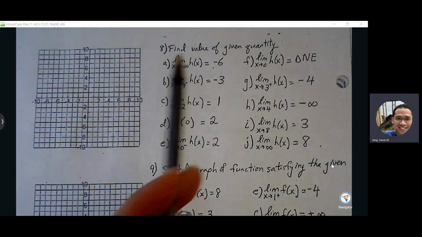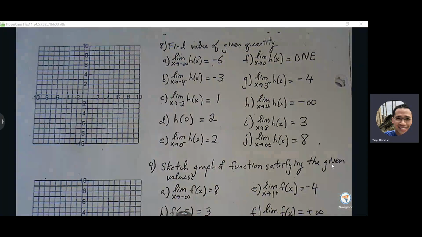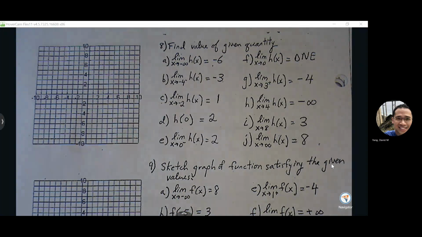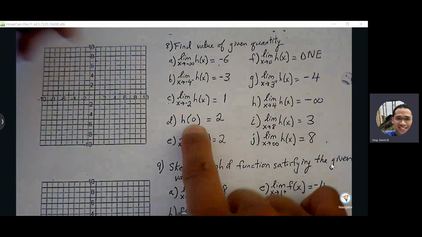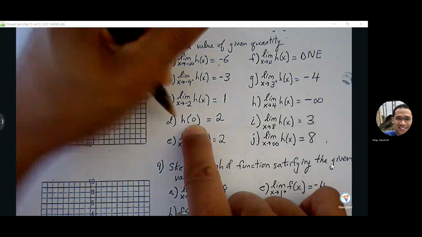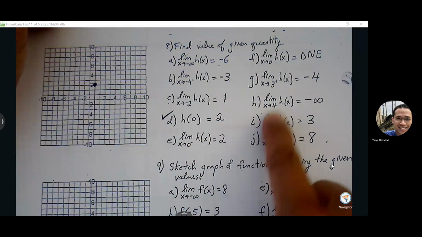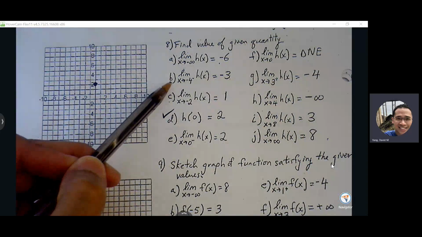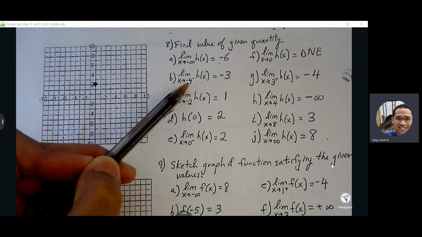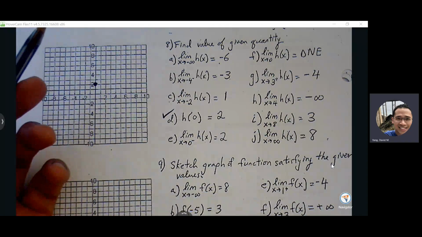So here I meant to say sketch the graph of the function. So easy things first. I can find all the ordered pairs. There's only one. Right? Limit as x approaches -4 from the left side of -4 is -3.